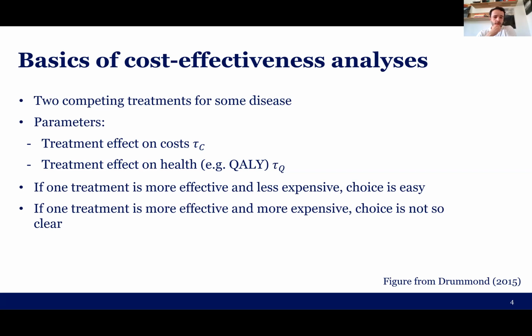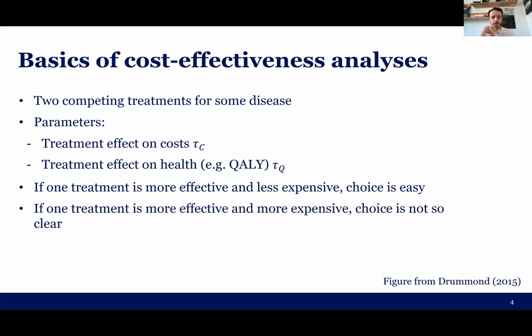What I would call the treatment effect on costs should actually be, that is the average treatment effect, it's a bit unclear here, tau C, and the treatment effect on QALY, tau Q. That will come up a lot in the rest of the presentation, so I'd just like to clarify that for now. And if we know these two things, then under certain circumstances, we can make a decision which of the two treatments we should implement.